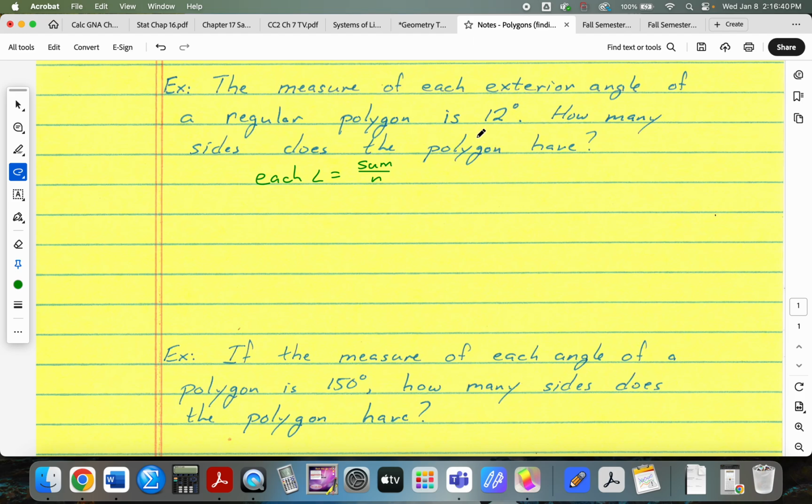It tells me that each angle, that's how I knew I was supposed to be using this formula, because it says right here, each angle is 12. And we're talking about exterior angles. So how much is the sum? 360. It's always 360.